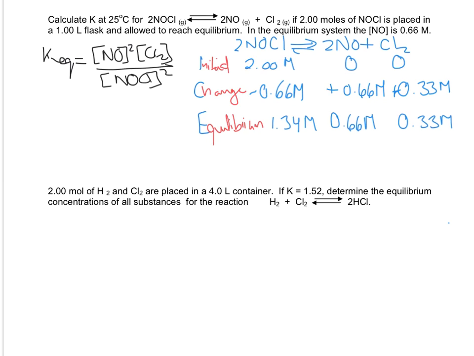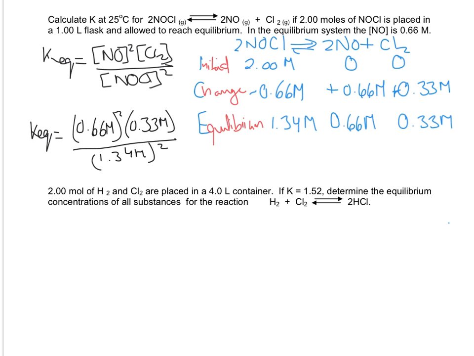Now that you have the equilibrium concentrations, these are the concentrations that you plug into your Keq expression. So let's do that. So Keq then is equal to the concentration of NO, 0.66 molar, squared, times the Cl2, 0.33 molar, divided by the NOCl, 1.34 molar, squared.